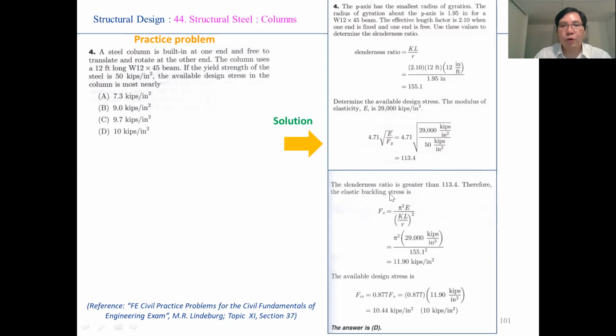So you can find that the slenderness ratio is greater than this value. Therefore, the elastic buckling stress is calculated by this equation, and you replace the numerical values of the parameters in this equation, and you can find the final result of Fe, the elastic buckling stress, that is given by the value 11.19 kip per inch square.